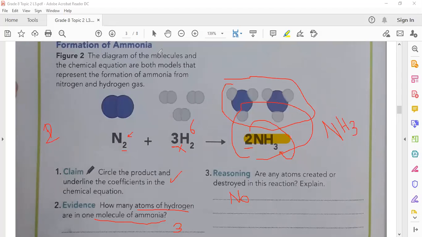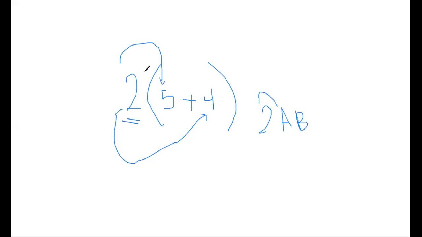Another example. I will give you an example, and after this example I will finish. Look here, please. This is, for example, 3CH4.